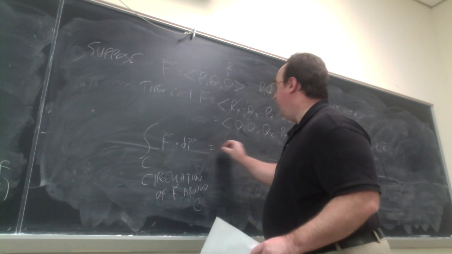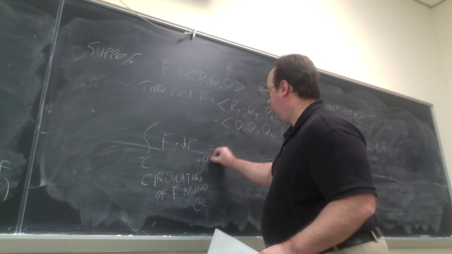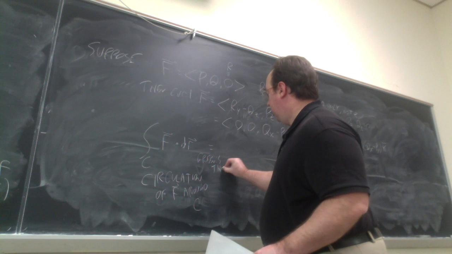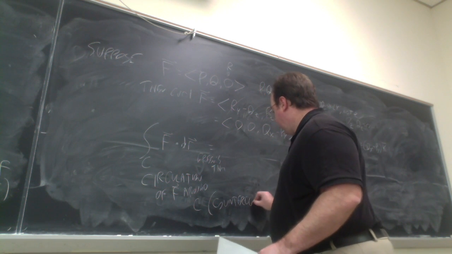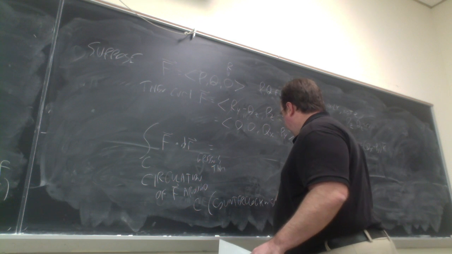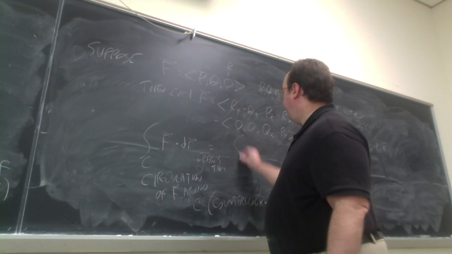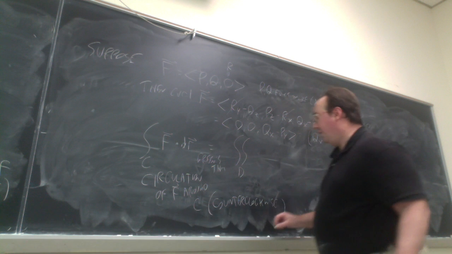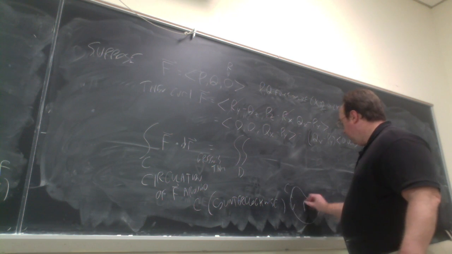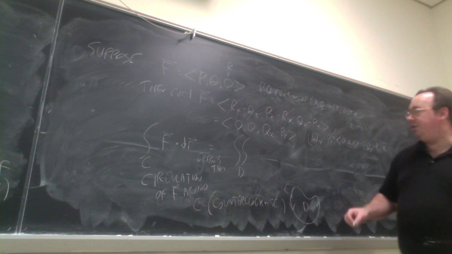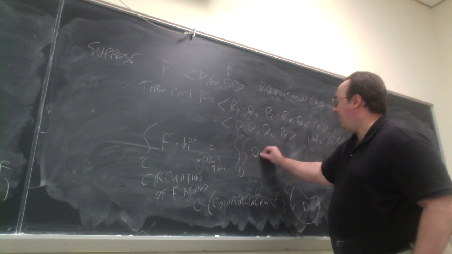Around C. Then by Green's theorem, and we assume that C is oriented counterclockwise, and C is some closed curve that's enclosing the region D, and what do we get? That's qx minus py.